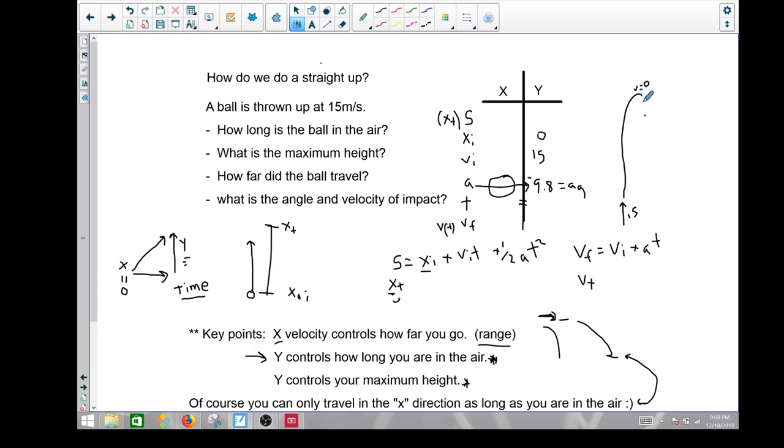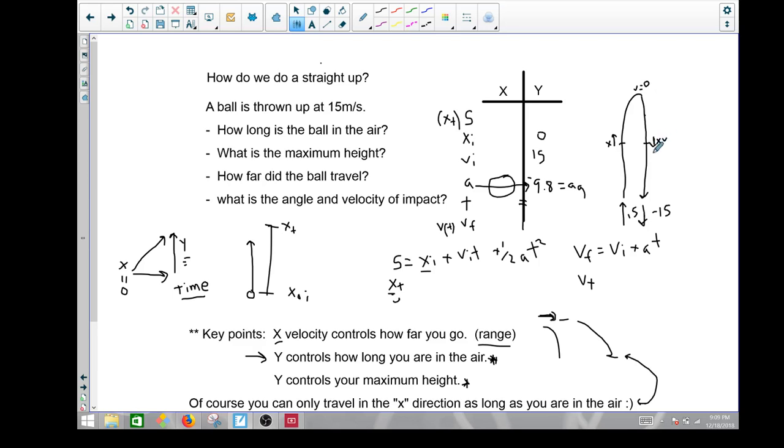And then it's going to come back down. At that point, I'm going to have the same velocity going down as I would have going up, which is going to be negative 15. So a couple of things to keep in mind: every point upward has the same speed as the point on the downward. If I'm going up here at some velocity, I'll be coming down at that velocity.